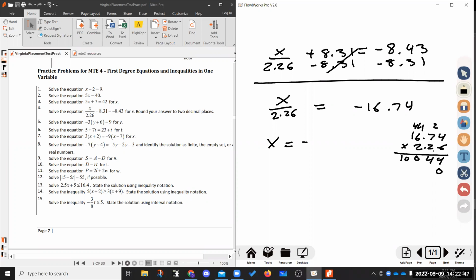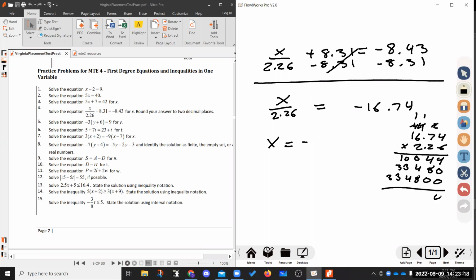Slide over 1. 4 times 2 is 8. 2 times 7 is 14. 2 times 6 is 12, plus 1 is 13. 2 plus 1 is 3. Slide over again. This is going to be 8, 14, 13, 3. That's the same numbers again, just shifted over one place.